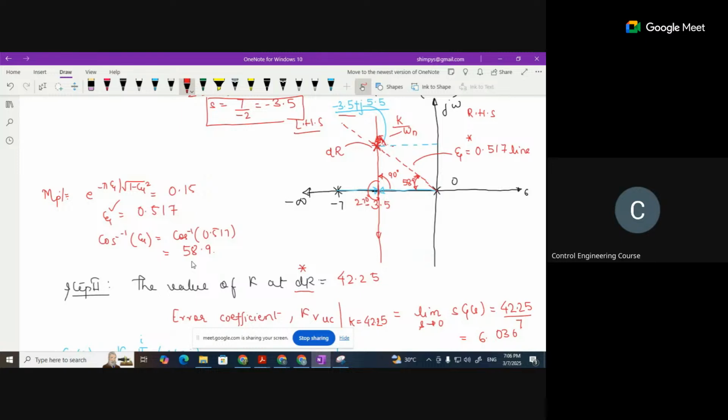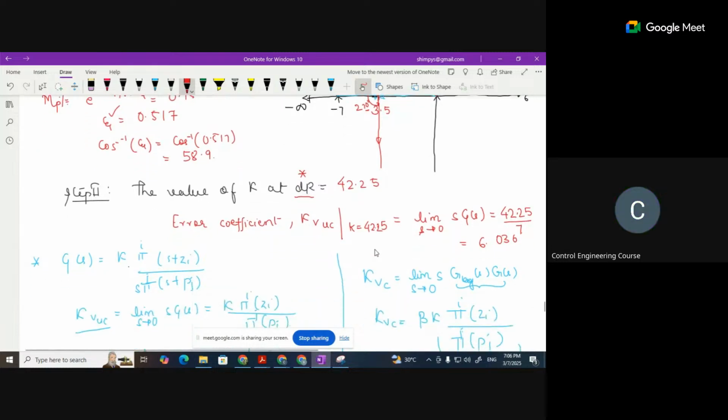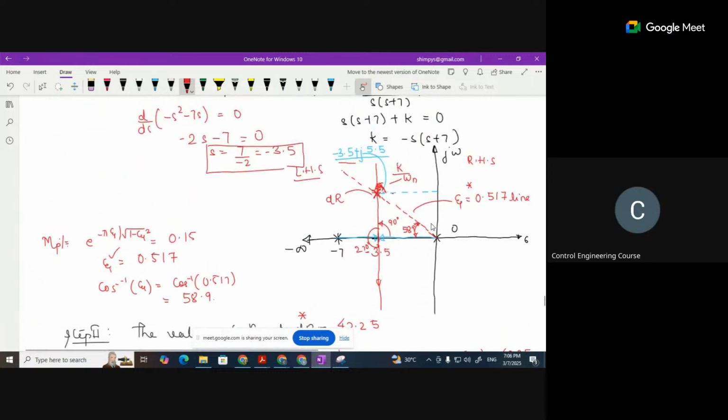We have calculated the gain k at the dominant root. Can you repeat this step? Which one? Value of k at dominant root. How have we calculated this? See, we have calculated theta from cos inverse of zeta.